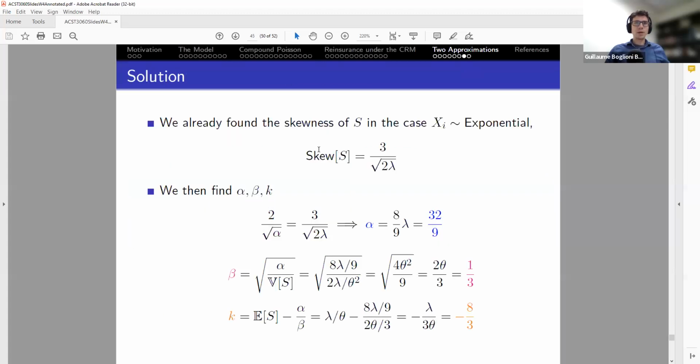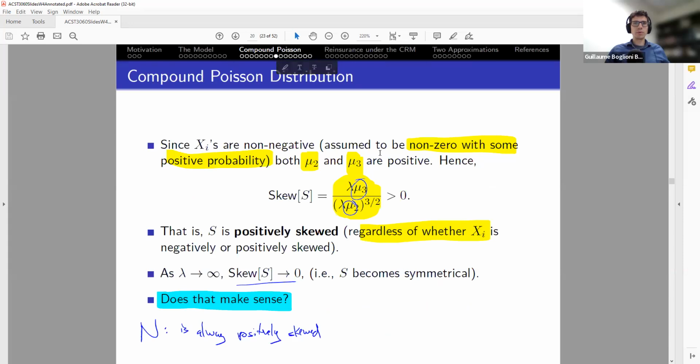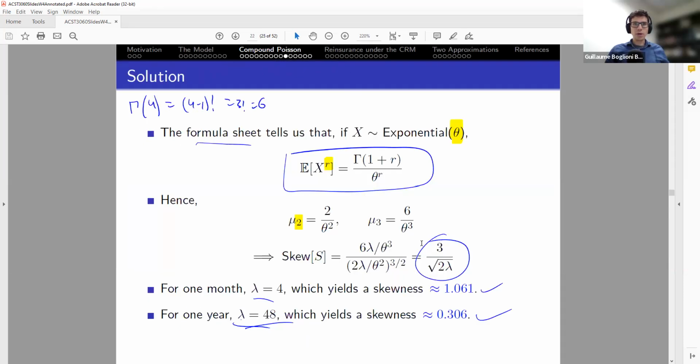So we start with the skewness because it's easy: we know it already, and it's only a function of lambda. We already found the skewness of S in the case of Poisson frequency and exponential severity. It was here. In our case, mu3 is the third moment of an exponential. Actually, we've done it here.